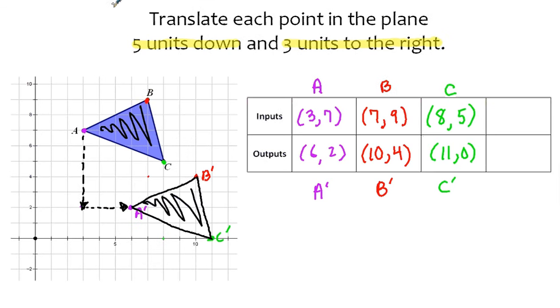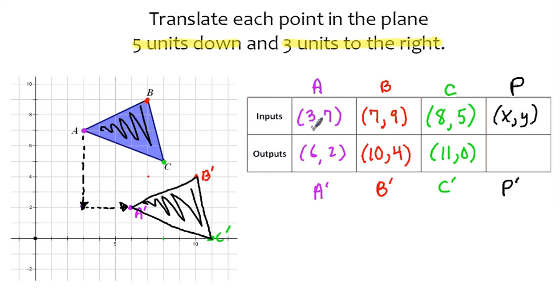So let's see if we can come up with a function rule for any random point P in the plane with coordinates x, y, and try to describe the coordinates of the image P prime once and for all. So in particular, we'll look for a rule that transforms the x coordinate into something else and a rule that transforms the y coordinate into something else. We can use the data we collected from this triangle to help us generalize with a function rule.